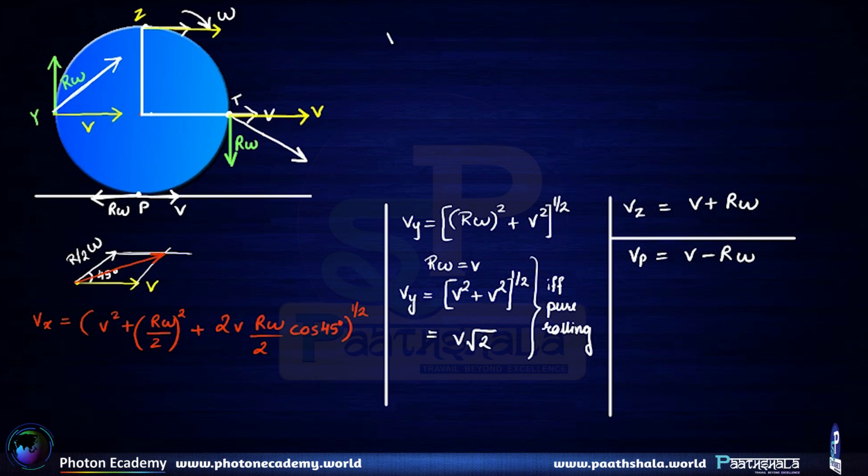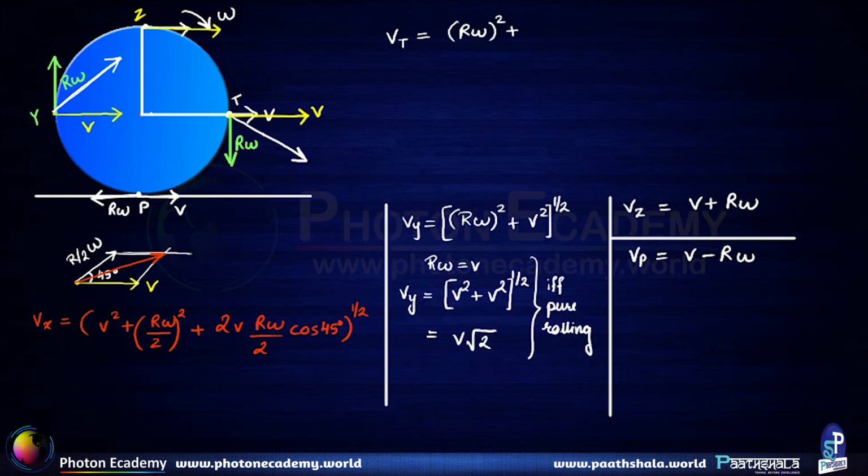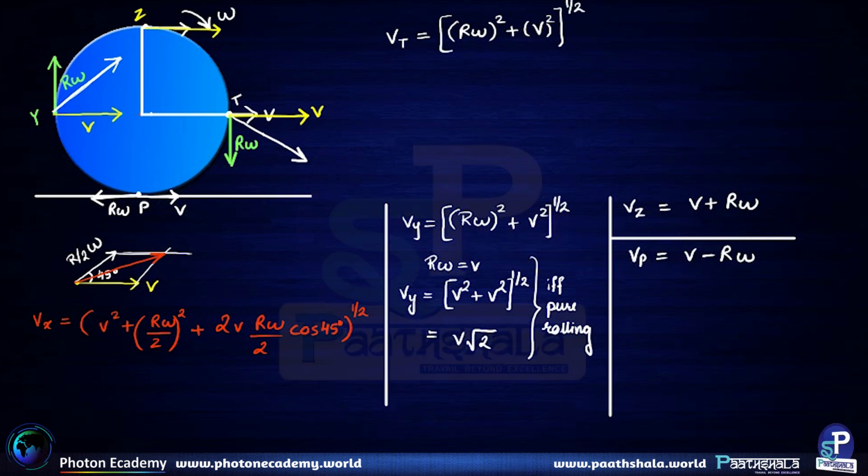Alright, and expression wise we'll get velocity of point T is going to be equal to, again, (r omega square plus v square) because here cos theta is going to be 90 degree, so there is no point in taking the further term, which is 2 r omega v cos 90. So only this term suffices, and instead of writing the root, I am writing it raised to half.